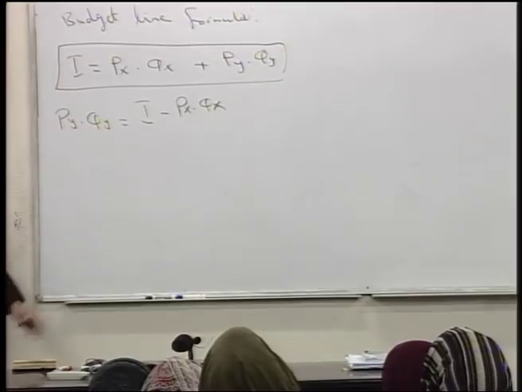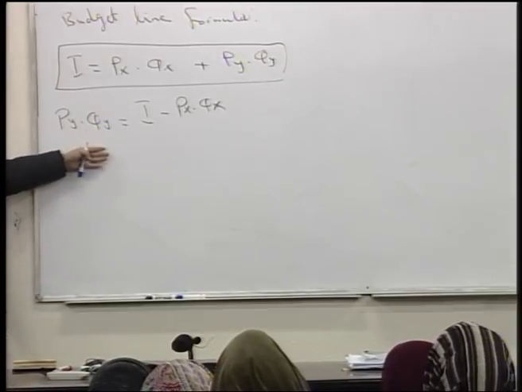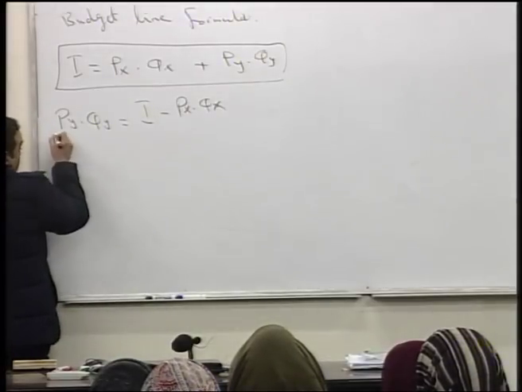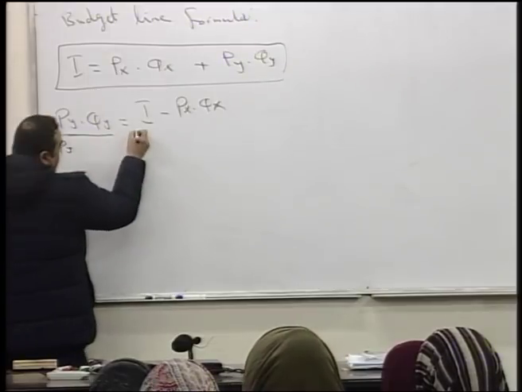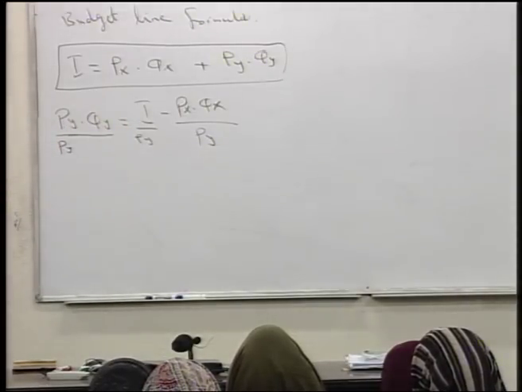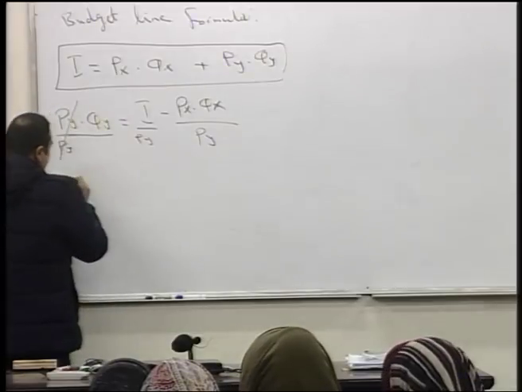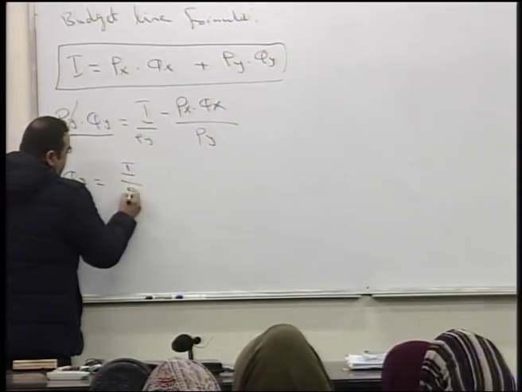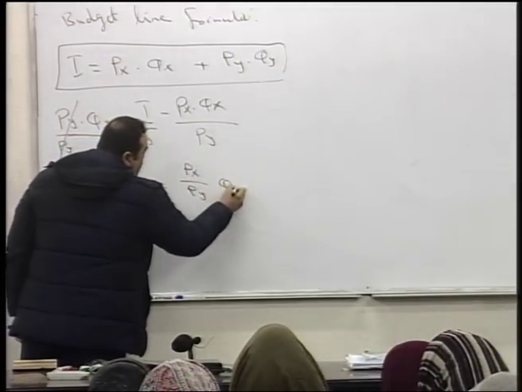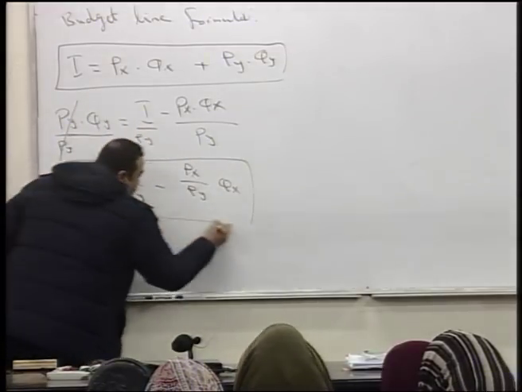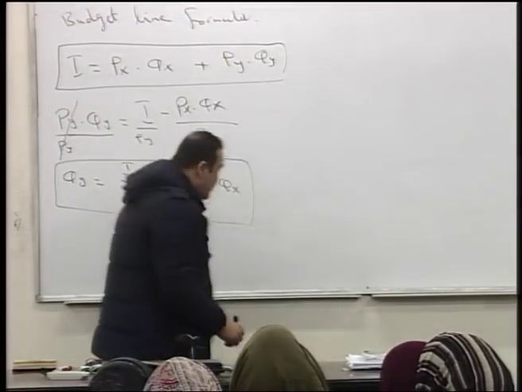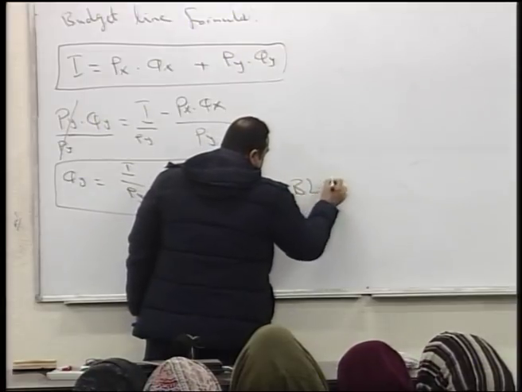To get QY alone, divide everything by the price of Y. So this over PY, this over PY, and this over PY. Then QY equals income over the price of Y minus price of X over PY, all times QX. This is the budget line formula.